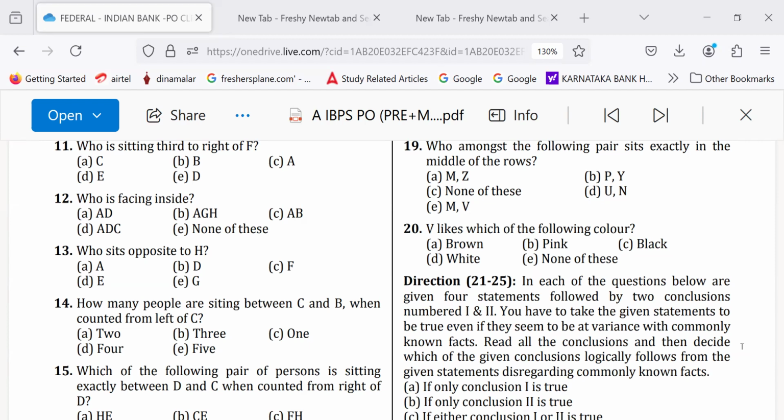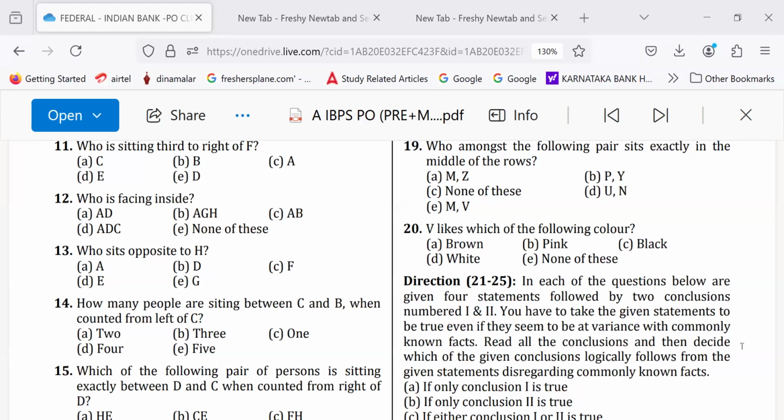Yeah, F is facing outward. Now the question is, who is sitting third to the right of F? 1, 2, 3. So the answer is D. First one, 11, is D.